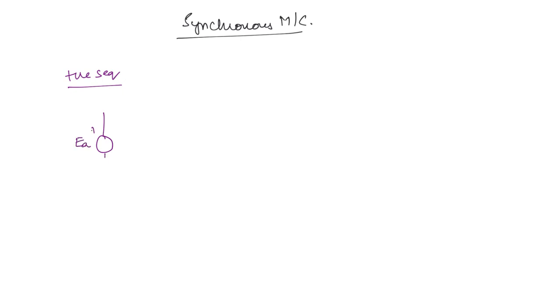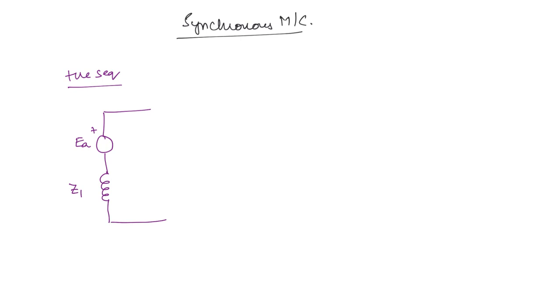Next we will see the sequence networks of a synchronous machine. Here there is no derivation, we will directly see the sequence networks. In the positive sequence network, we are going to have the internal voltage and one impedance. This is usually equal to the synchronous reactance if the machine is in steady state.